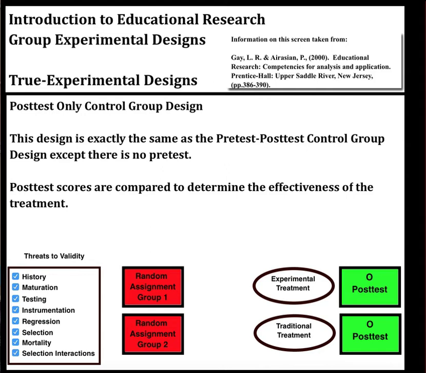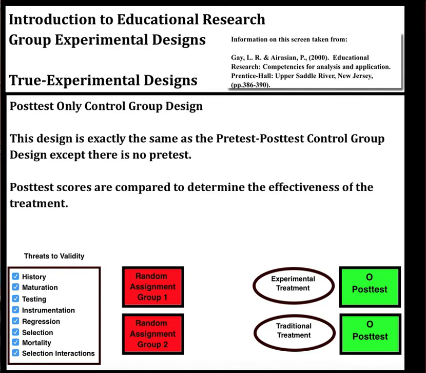As in the pre-test, post-test control group design, scores of both groups are compared. If the post-test scores of the experimental group are significantly different than the control group, a case can be made that the intervention had an effect since all sources of invalidity were controlled for.